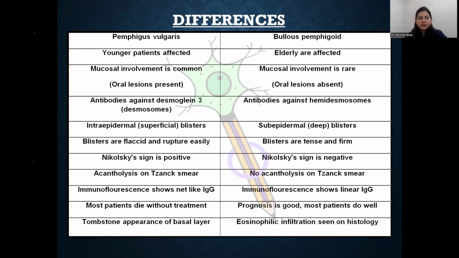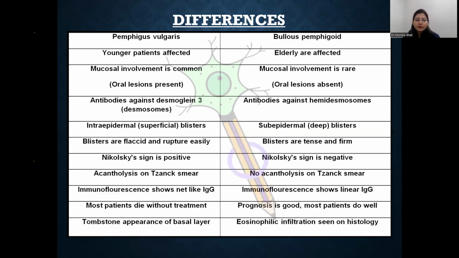There is superficial blister formation in pemphigus vulgaris, while deep, subepithelial blisters are seen in bullous pemphigoid. Nikolsky's sign, as I discussed previously, is positive in pemphigus vulgaris, while it is absent or negative in bullous pemphigoid.